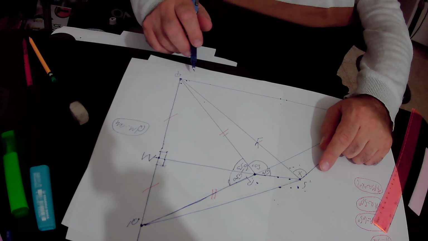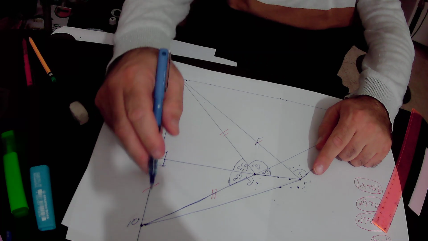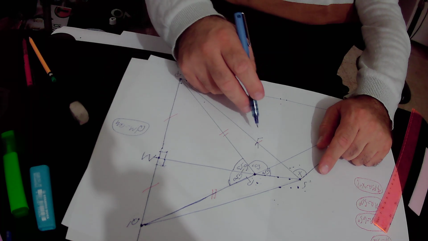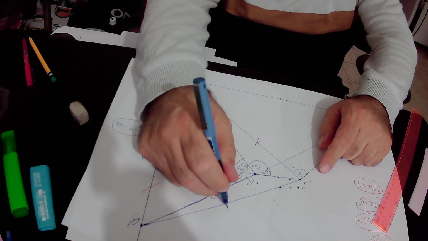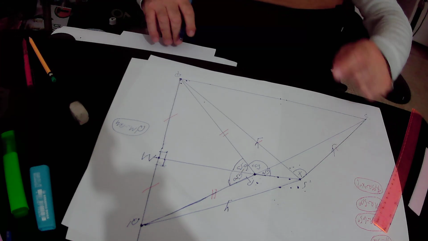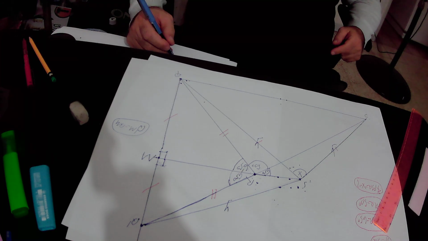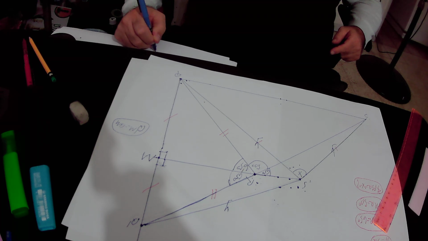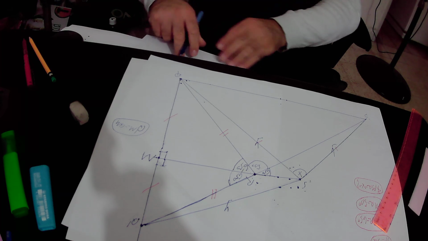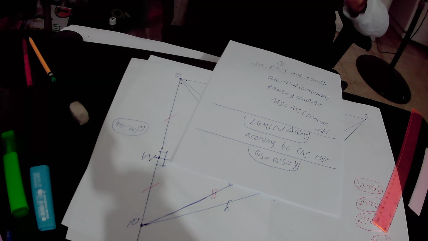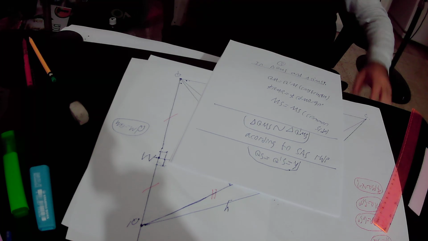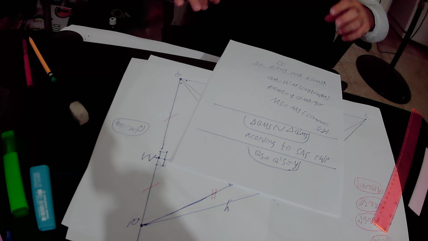Okay, QS equals Q'S, and because QS equals Y, then Q'S will also be equal to Y. So QS is equal to Q'S, and both sides are equal to Y, according to the rule that corresponding sides in congruent triangles are equal to each other.